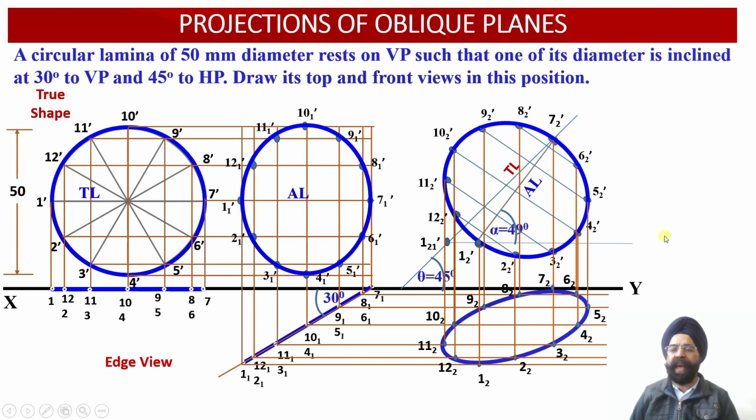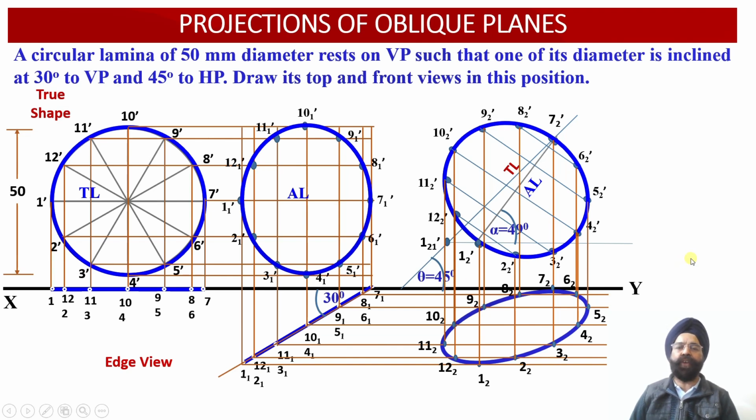So this way we have been able to obtain orthographic projections of an oblique circular lamina which is inclined to the vertical plane at an angle of 30 degrees, and the apparent length diagonal of this circular lamina is inclined at an angle of 49 degrees, or we can say the true length projection of this lamina in the front view is inclined at an angle of 45 degrees.